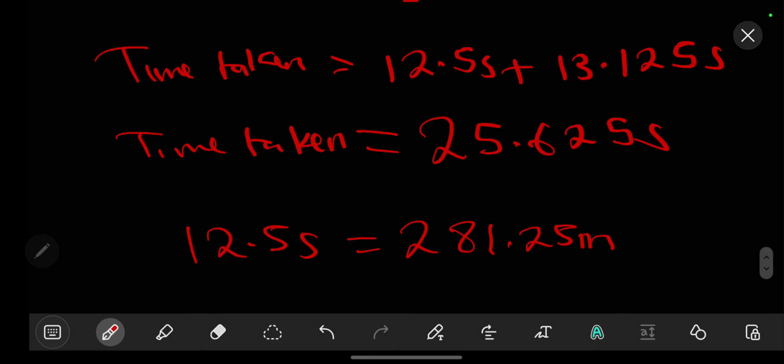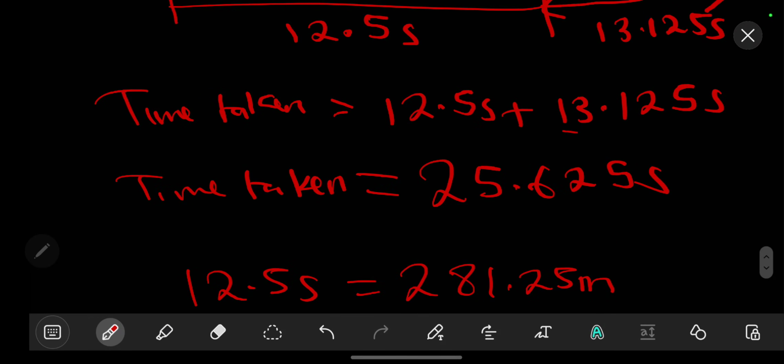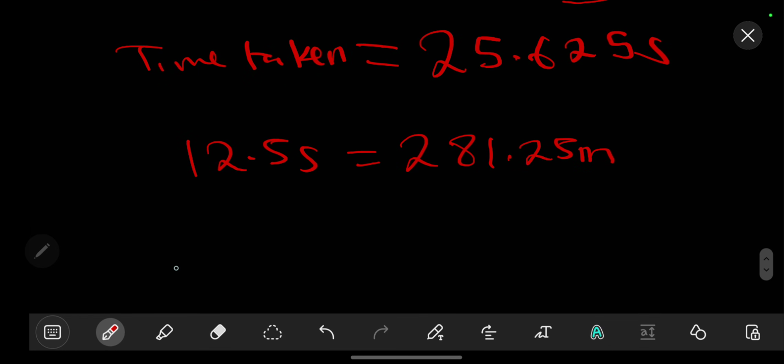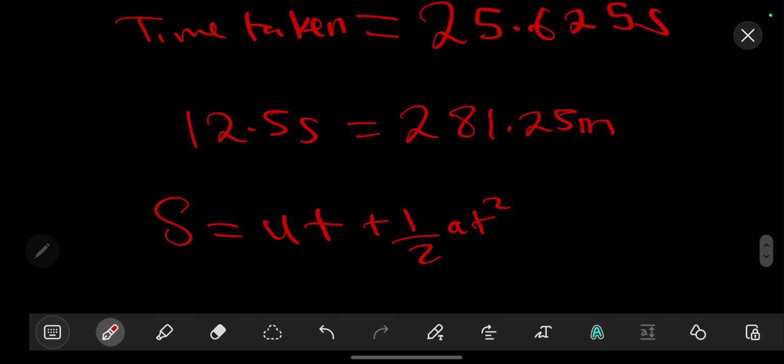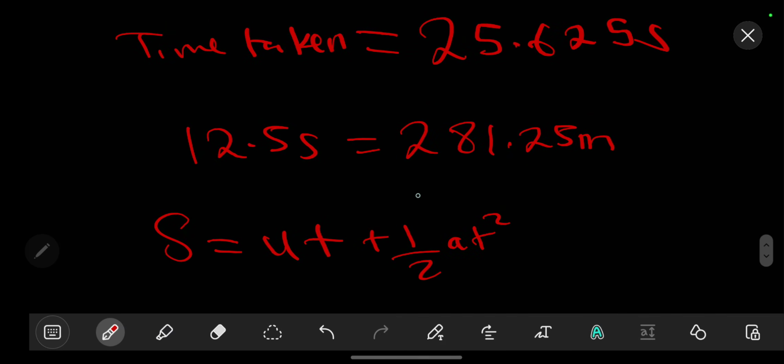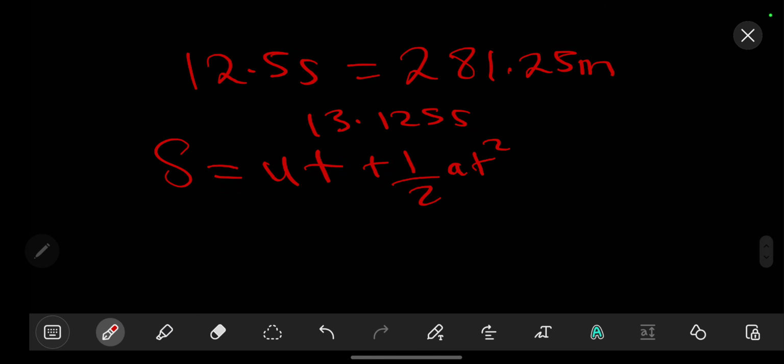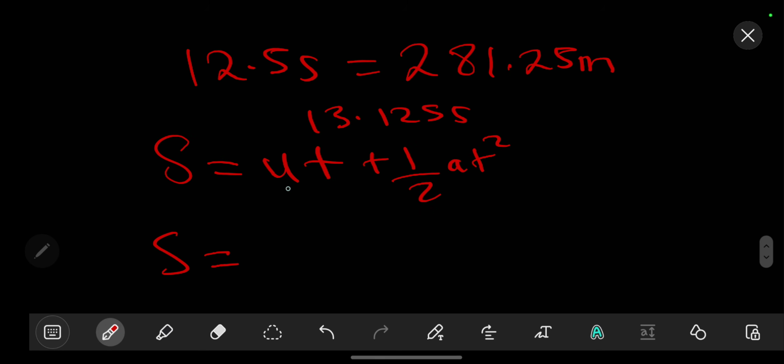So we just need to now calculate the distance for the other time, which is 13.125 seconds. So the distance he will travel will be equal to ut plus half at squared. Now we want to calculate how much he traveled in the last 13.125 seconds.